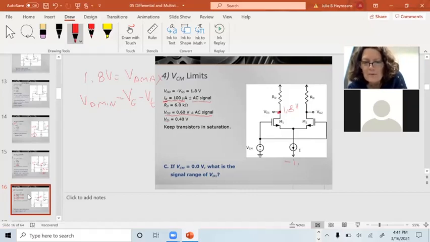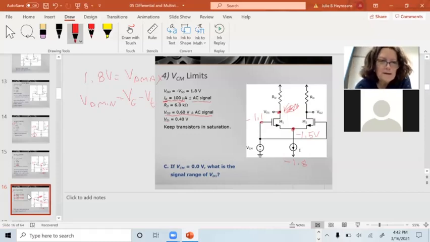Negative 1.8 volts here. The minimum value I could have here was negative, we're going to scratch this out, we're working on a different problem, is negative 1.5. The minimum value I can have on the gate is negative 1.1.